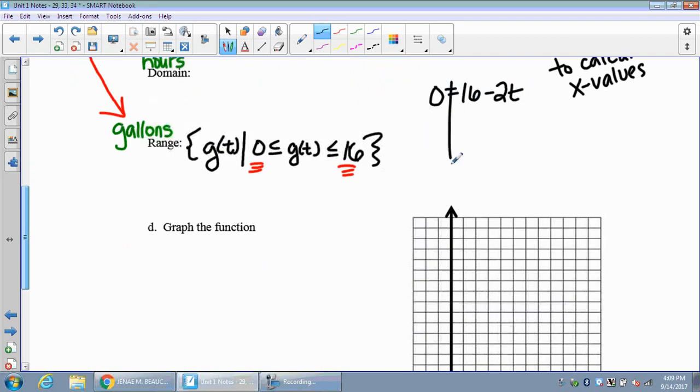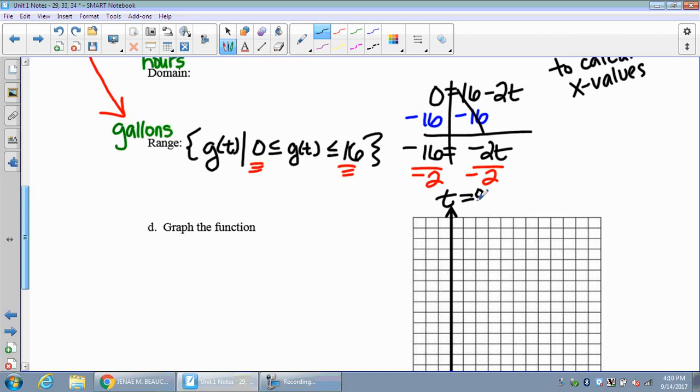And I would solve, plugging in my smallest Y to find my X value. And we would get 8.